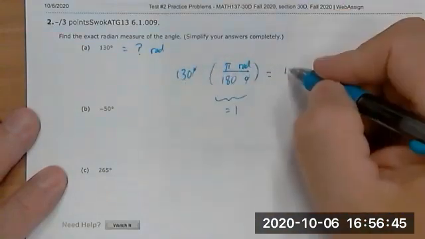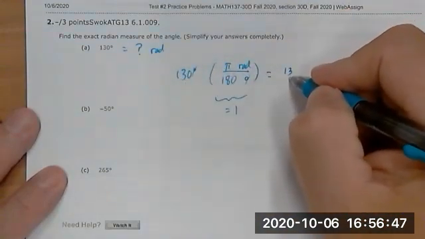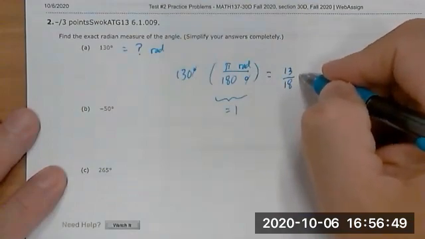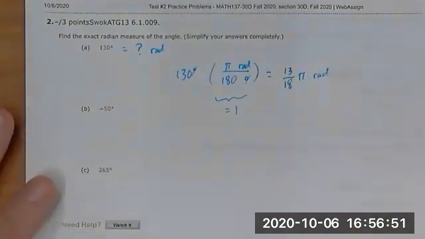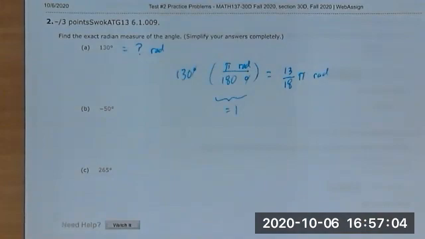I can divide both by 10, and I get 13 over 18 pi. So that should be the answer for part A. Now, a 130 degree angle is the same thing as a 13 pi over 18 angle.